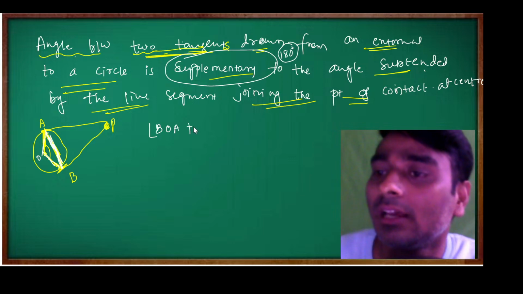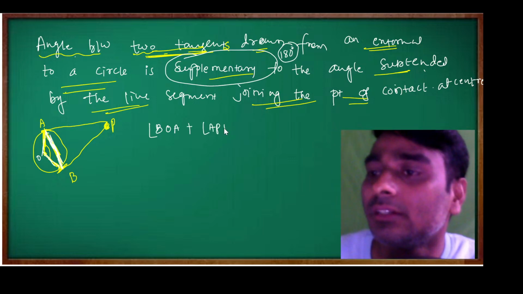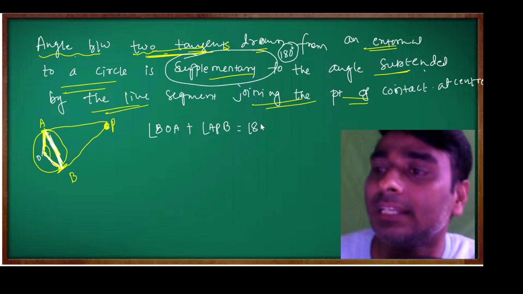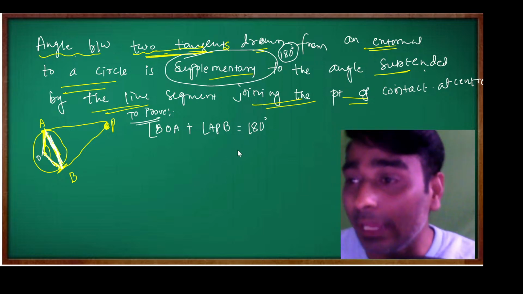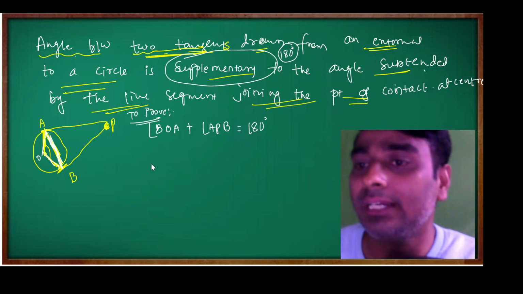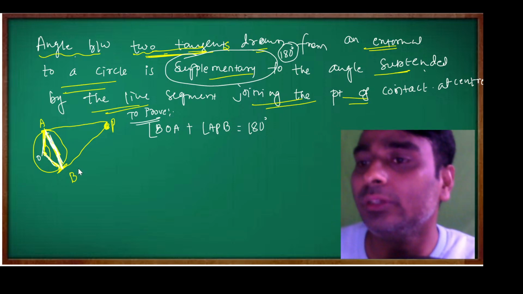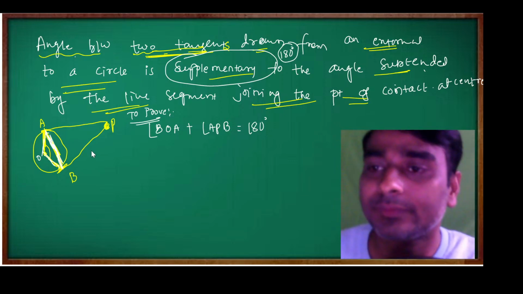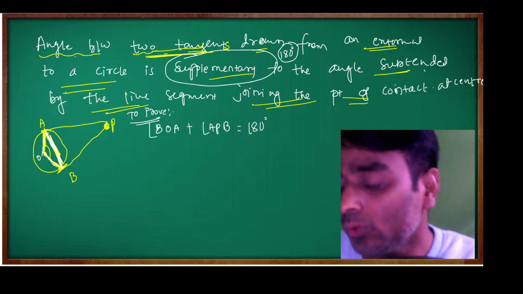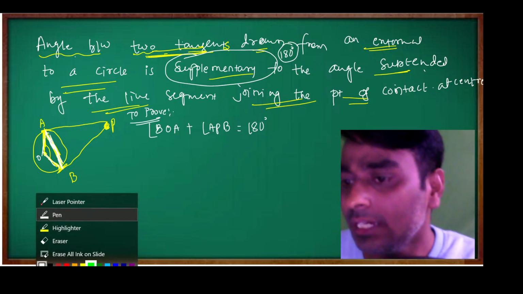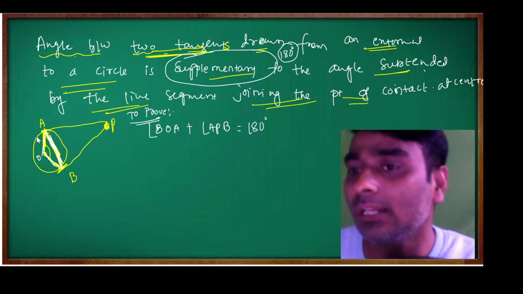BOA and APB should be equal to 180 degrees. This you need to prove: BOA plus APB equals 180 degrees. Just now confirm whether these are the angles between the two tangents. Of course, BOA and APB. So these are the two angles between the tangents drawn from an external point.